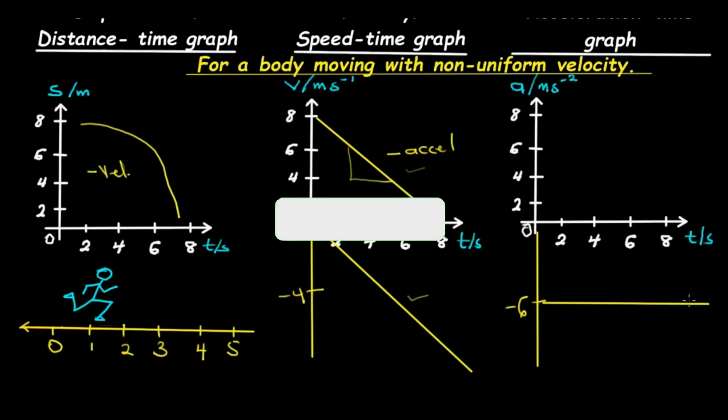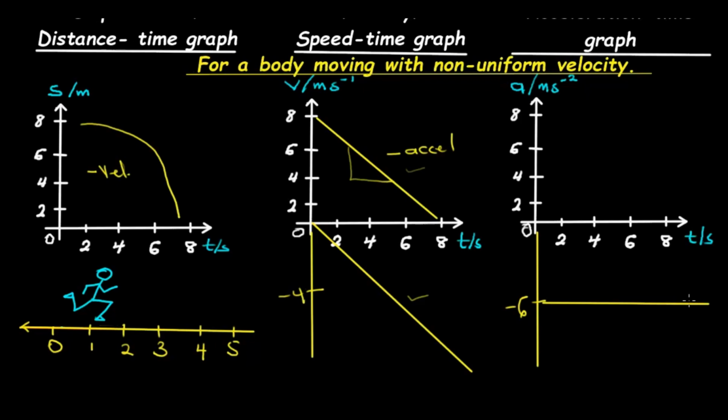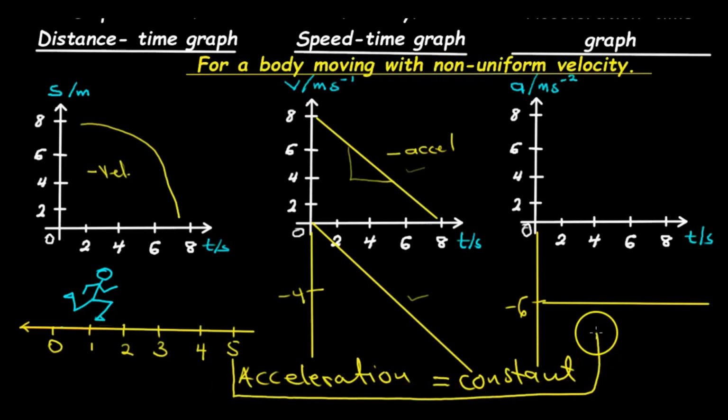So for the sake of our level, and for the sake of kinematics as we are studying, all the equations of motion and everything we are doing is focused on and is true when acceleration is constant. So for this reason, we don't want to go beyond a constant acceleration.